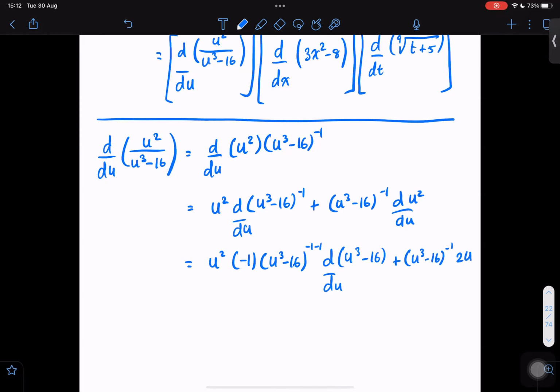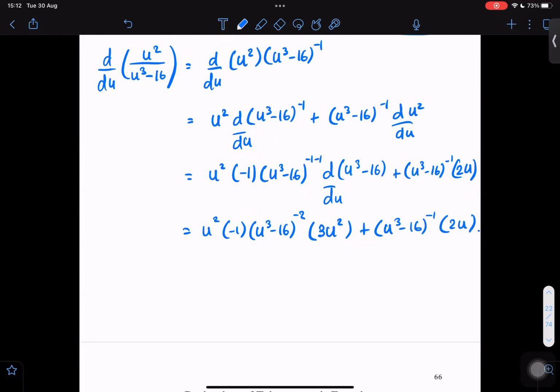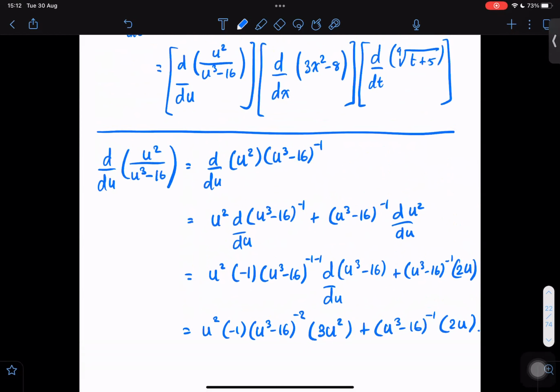And this thing becomes 2u like this. u squared times minus 1, u cubed minus 16 raised to minus 2, and this thing will become 3u squared, plus u cubed minus 16 to the minus 1, 2u. So this one is just this part.